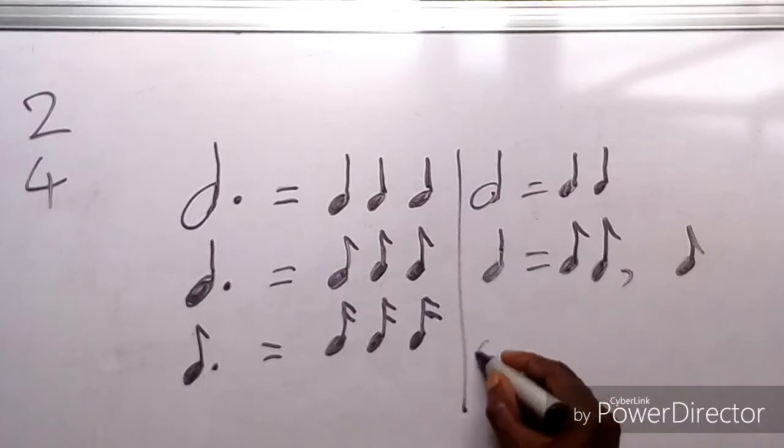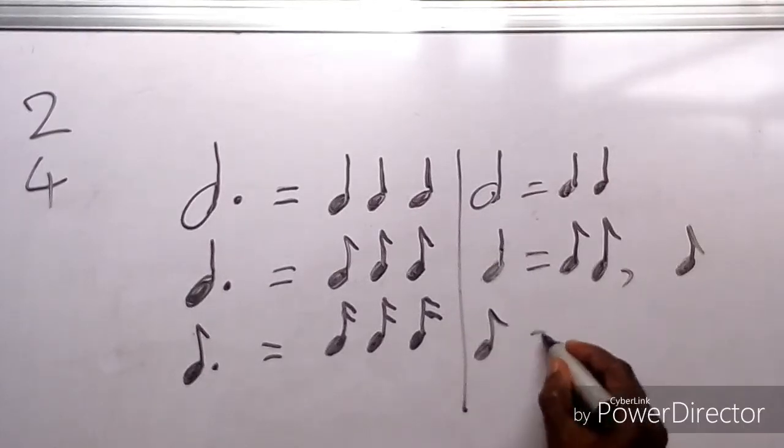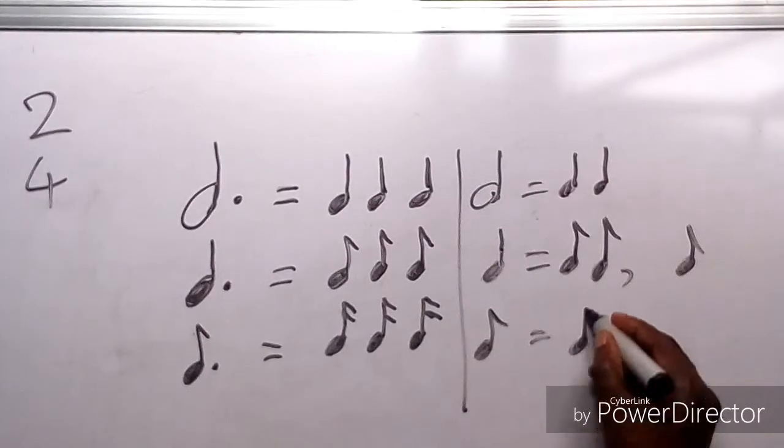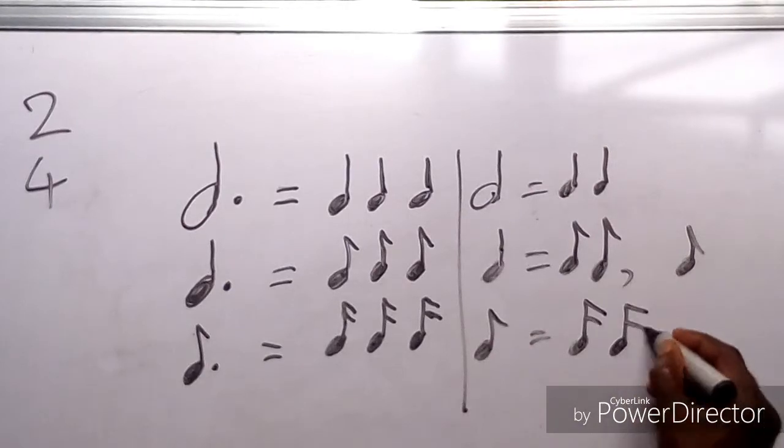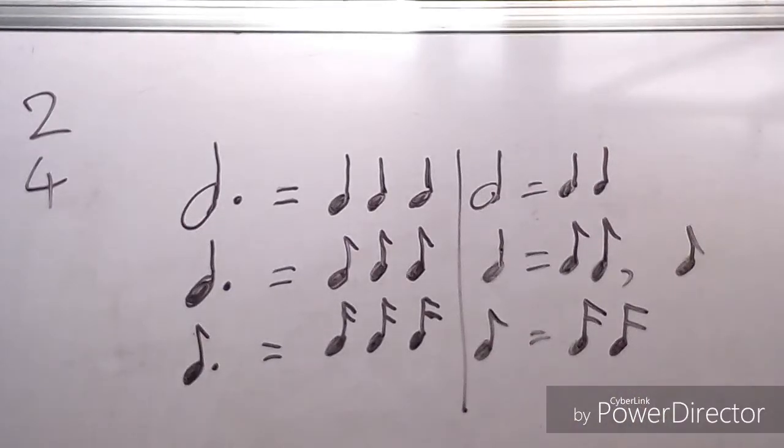Now, a quaver ordinarily is equal to 2 semiquavers. A dotted quaver is 1.5 times its original length.